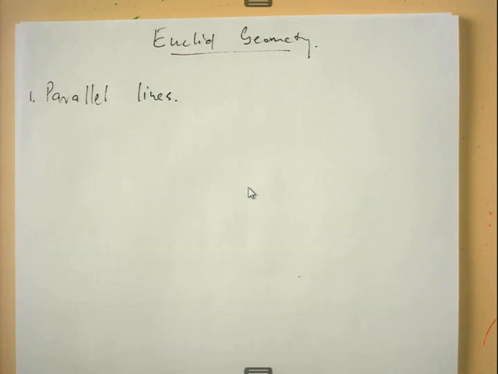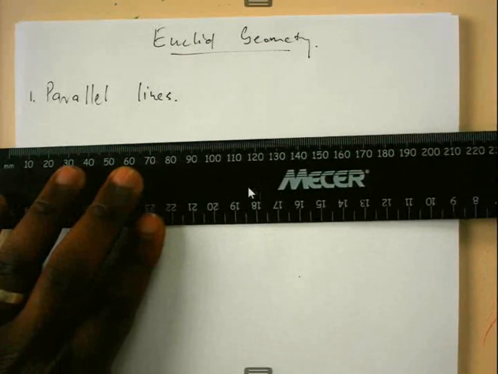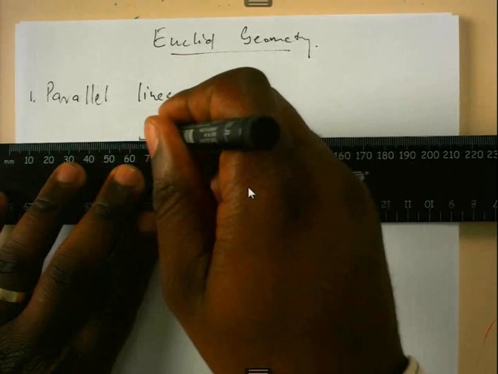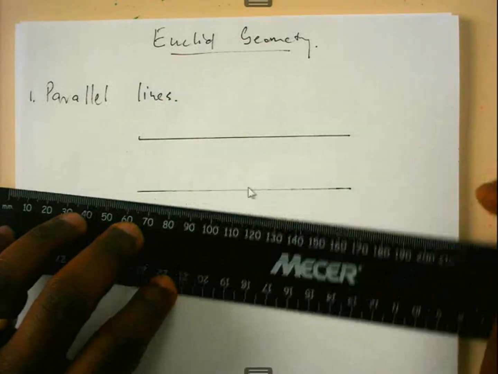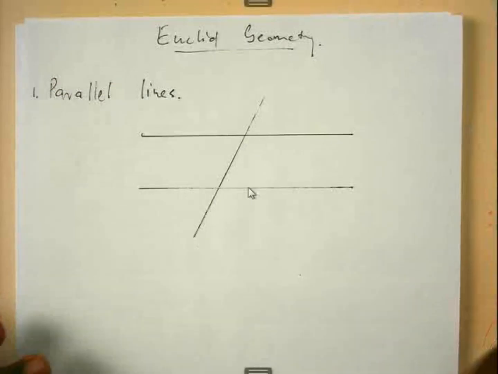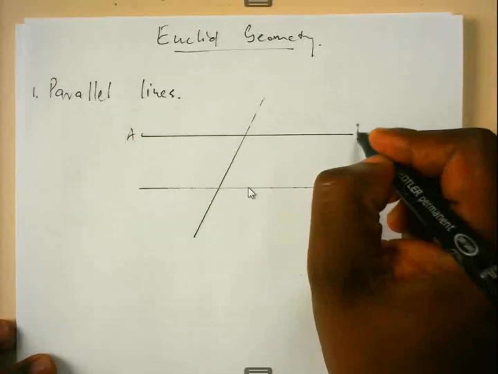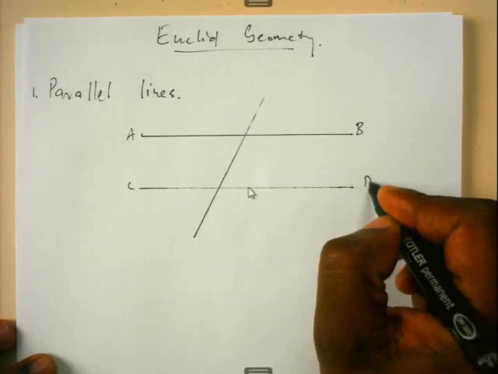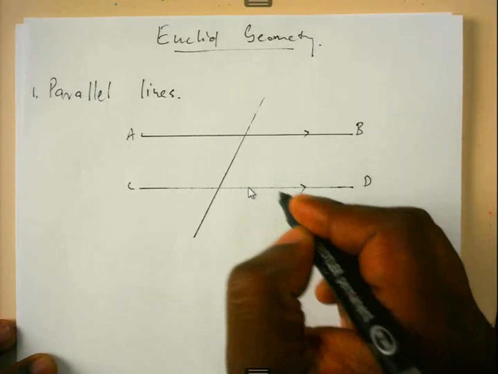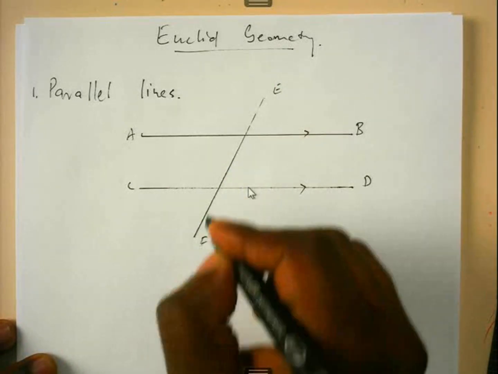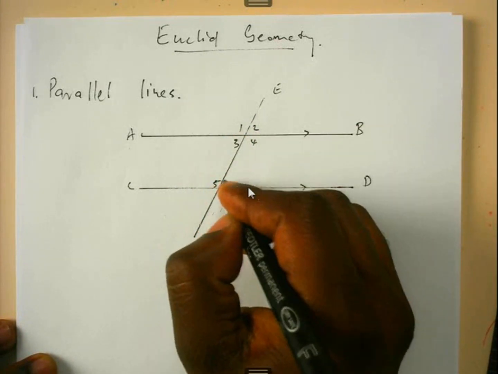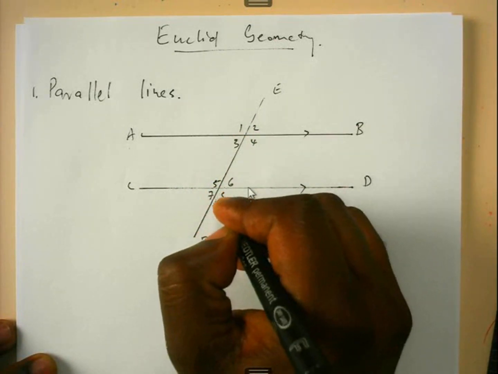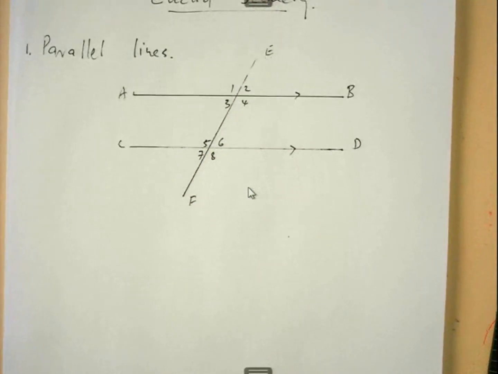If we start with parallel lines, I will just draw parallel lines here. There we have parallel lines and a transversal. So we have here line segments A, B, C, D, and these are parallel lines, and transversal E, F, and then we are given angles on these parallel lines.